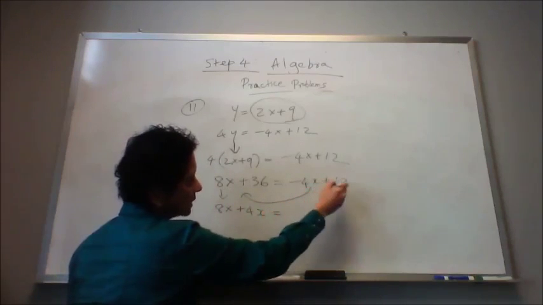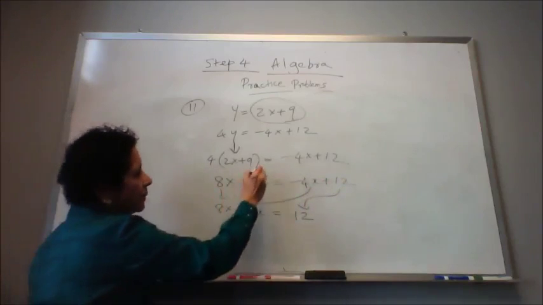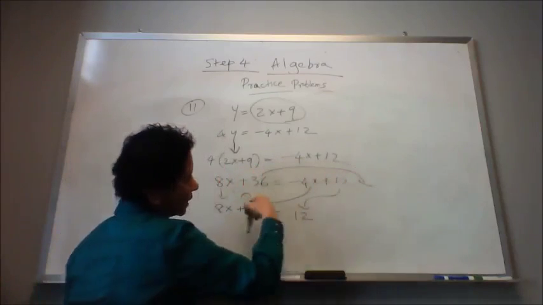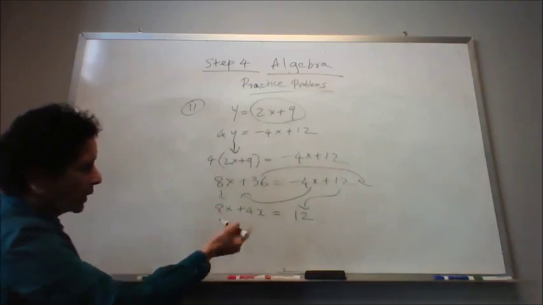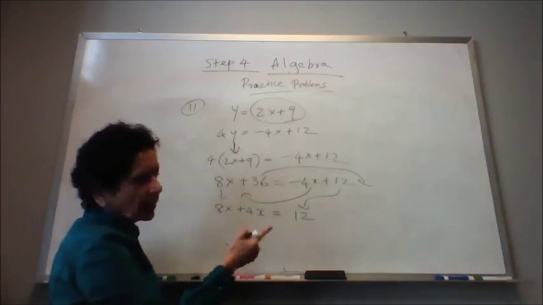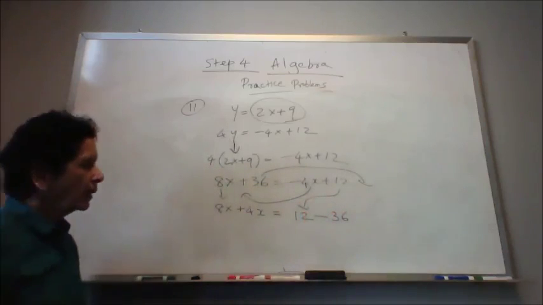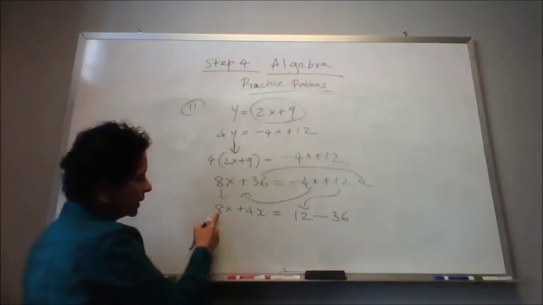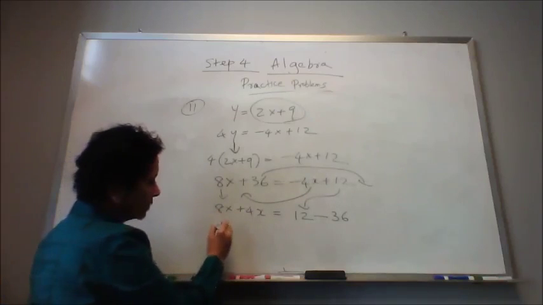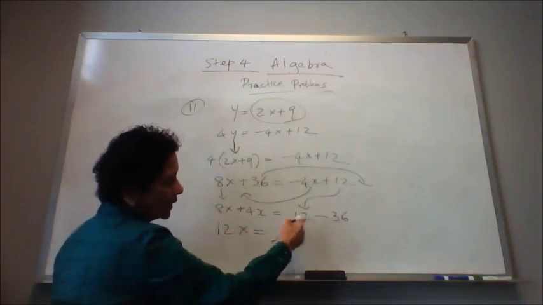On the right-hand side, the 12 is exactly the same. I'm not doing anything with that. But the 36, I need to bring it to the other side, right? So on the right hand side, I want to get the number 36. And then when I change side, it changes sign. So plus 36 becomes minus 36. So now I simplify again, 8x plus 4x, 8 plus 4 is 12, 12x, right, equals 12 minus 36.